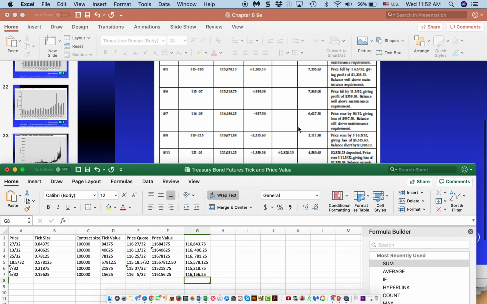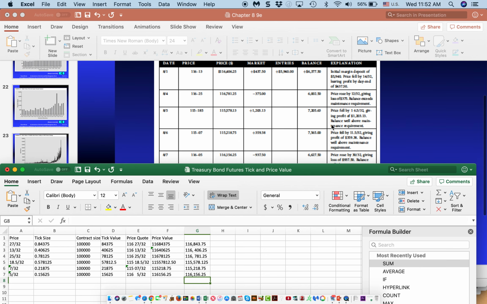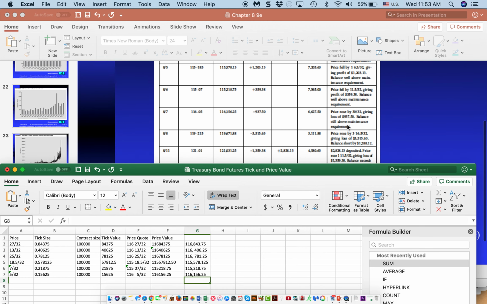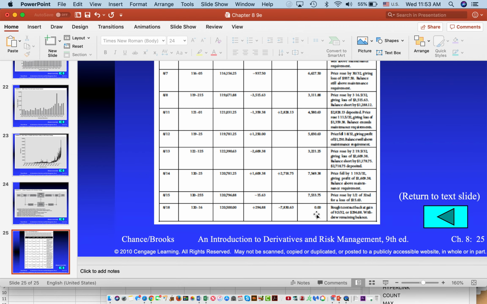One thing that I wanted to mention to you: when you go through this mark to market, every day it's either a plus or a minus, and sometimes it is unchanged. When you add these numbers up, you should get the same number as here.